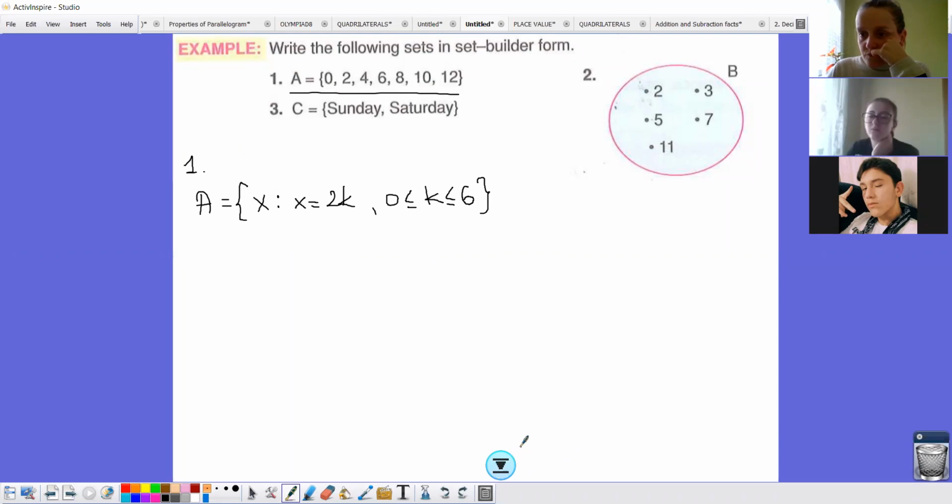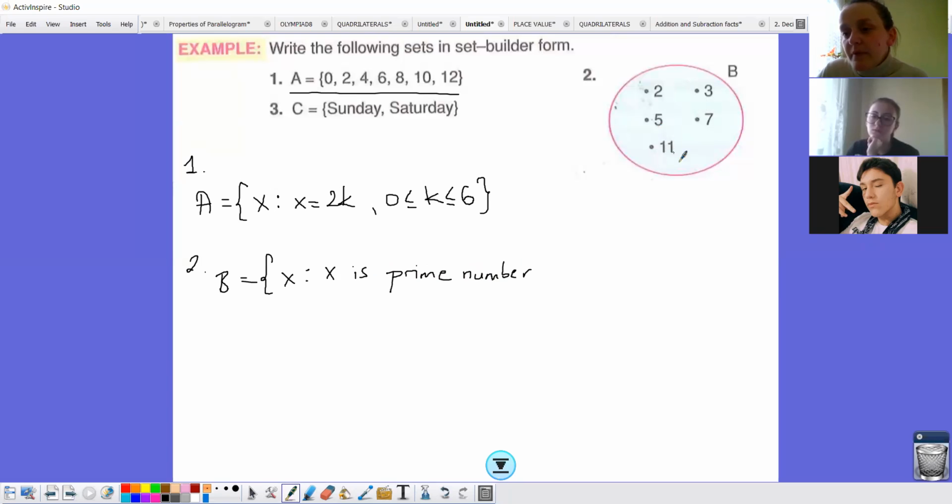They are prime numbers. Yes, they are prime numbers, but in the second one, if we say this set is made of X elements and X is a prime number, will that be enough? Yes, we need to have a boundary here because there are not infinitely many prime numbers. It is still 11.